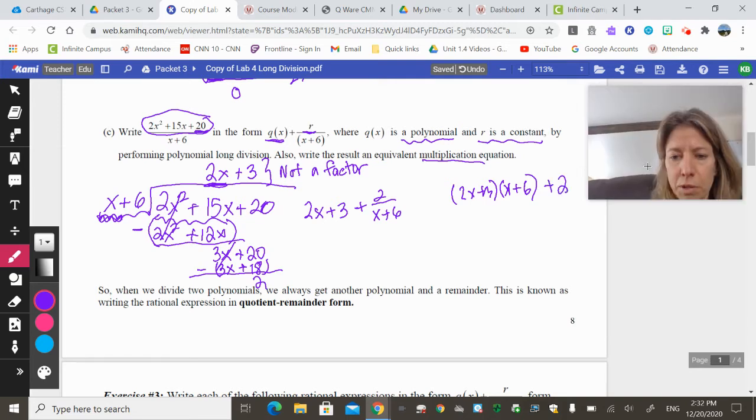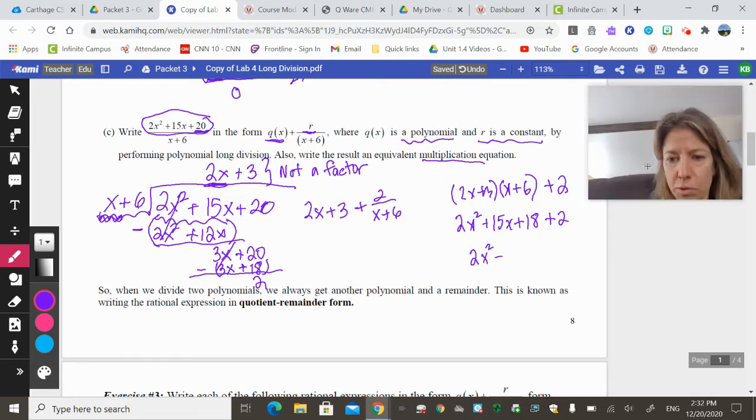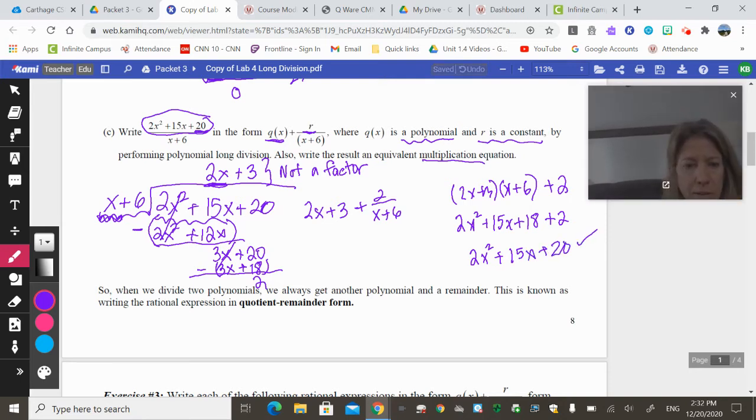So when I did this multiplication above, I get 2x squared plus 15x plus 18. And then when I add 2, I'll get my dividend of 2x squared plus 15x plus 20, which is a check.